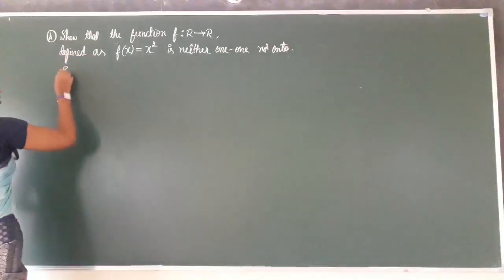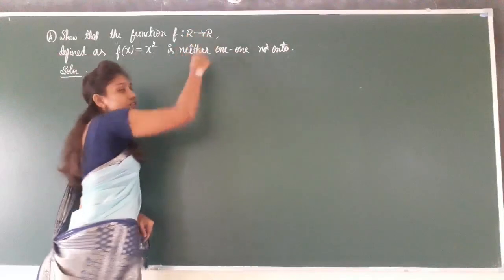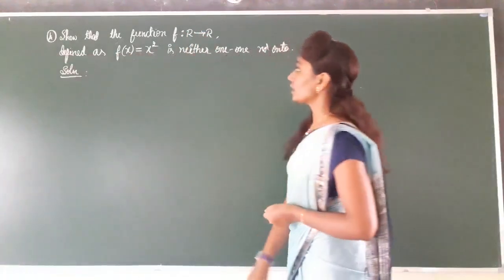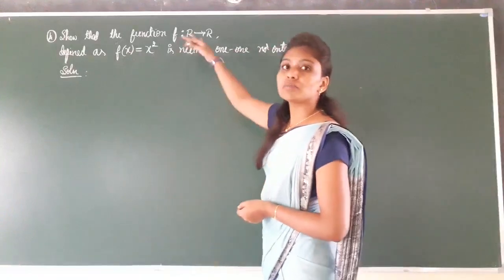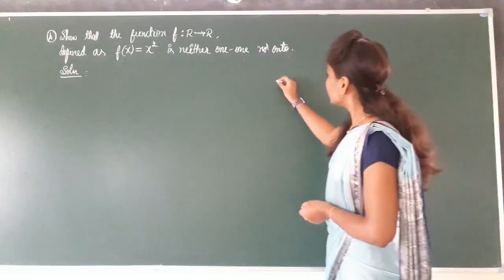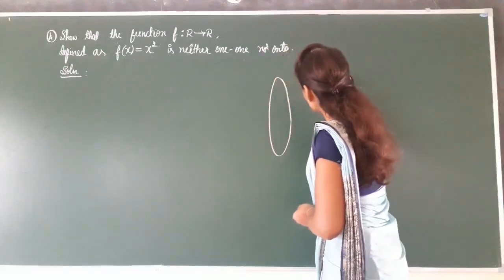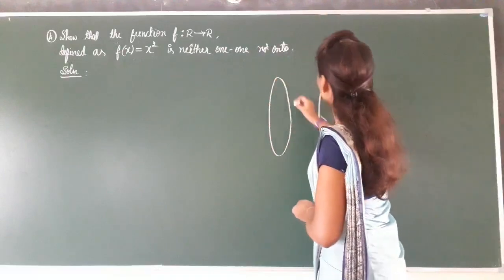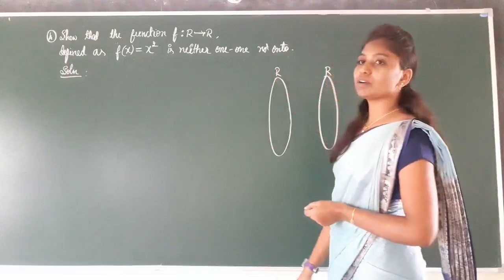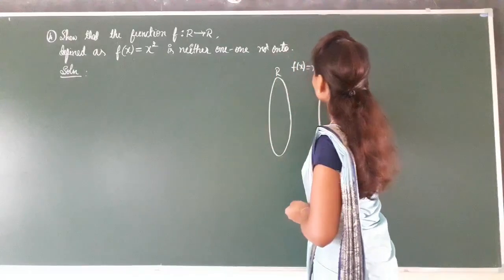Observe here. The domain is the real numbers and the codomain is also the real numbers. So for better understanding, I am using an arrow diagram for this problem. The arrow diagram is like this, from real numbers to real numbers, where the function is f of x is equal to x square.